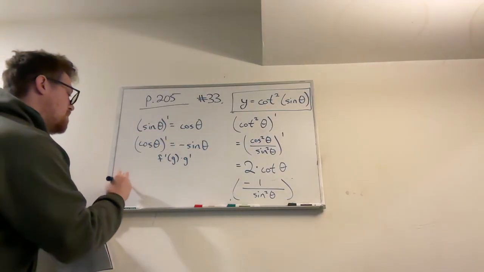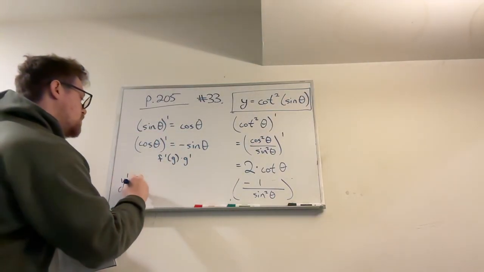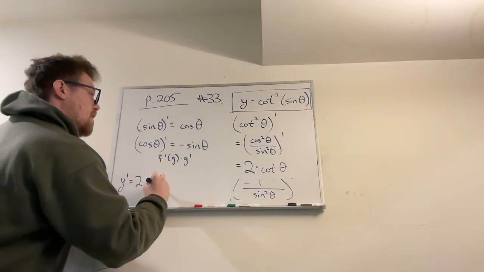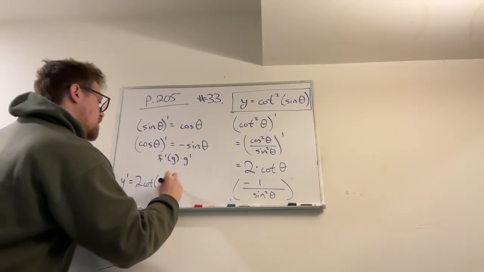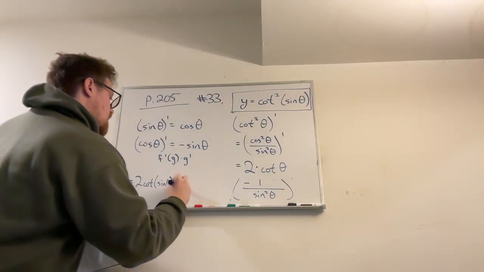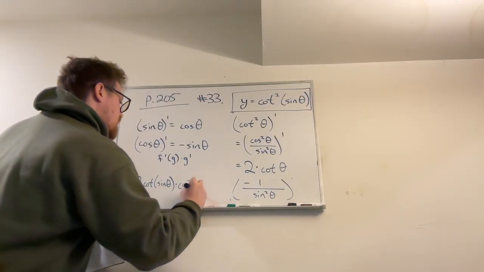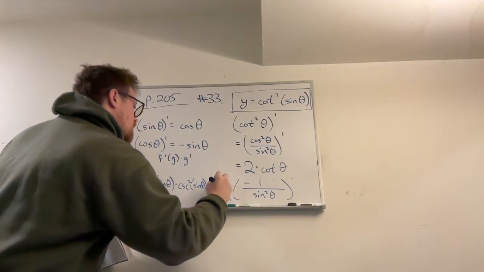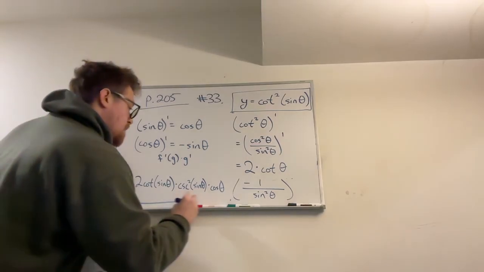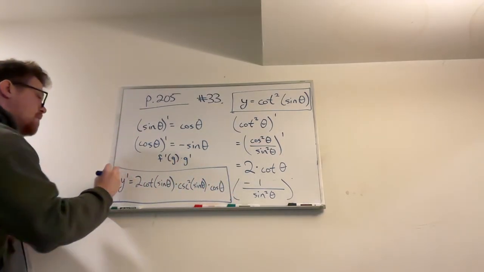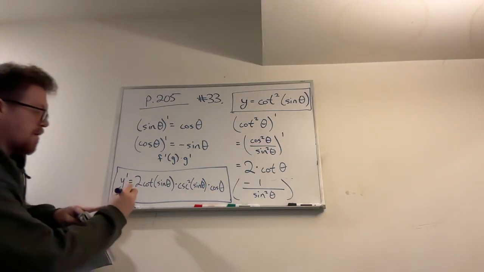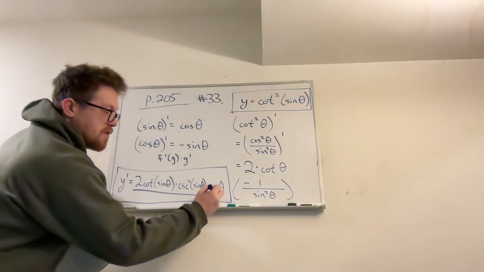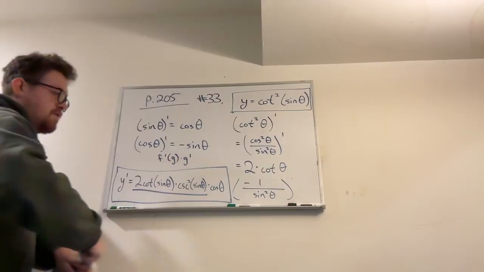So y prime is actually just 2 cotangent of sine theta times cosecant squared of sine theta times cosine theta. There we go. Okay, so the first part is f prime of g, and then g prime is just cosine theta here.